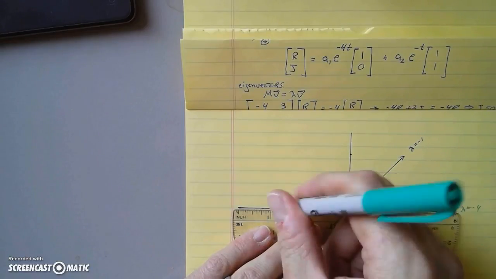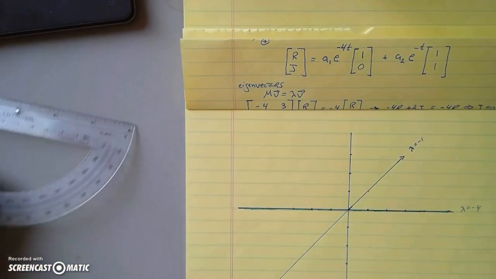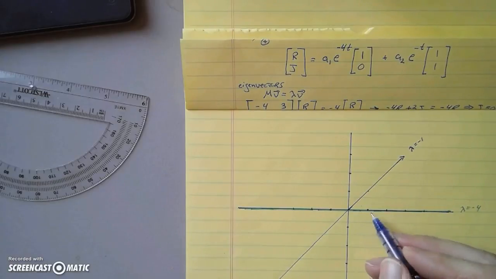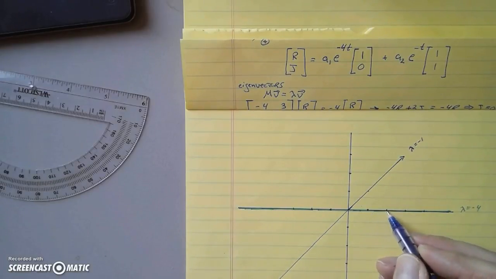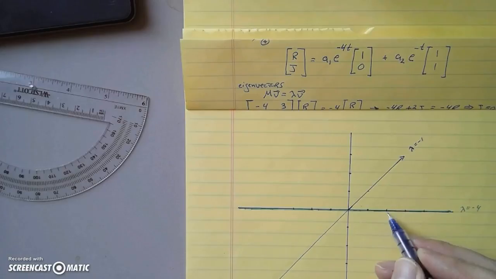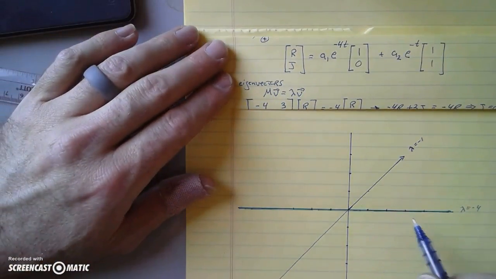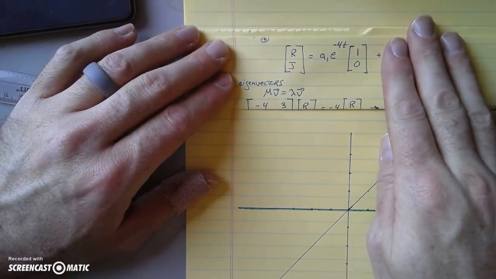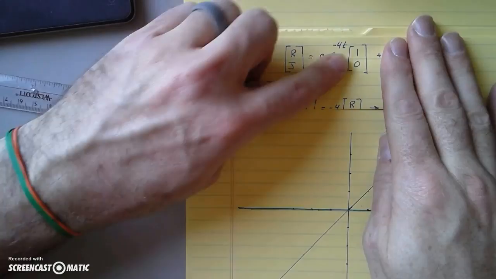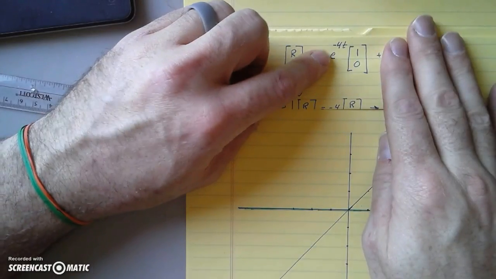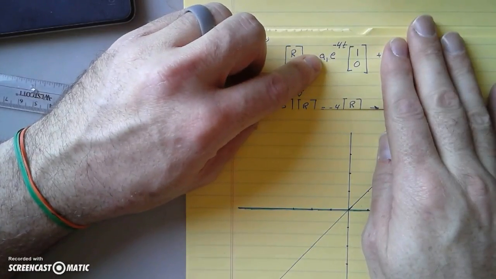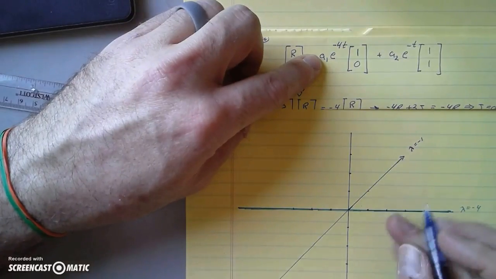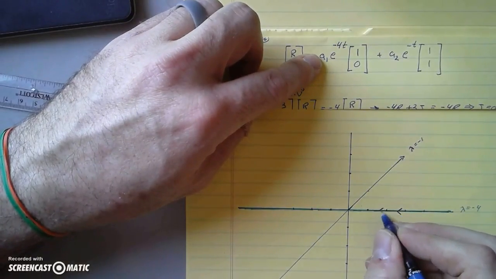So by that, what would happen if we had an initial condition on this line? What would happen if you started here? Well, that would mean that the A2 is 0. Well, if you start on this line, then it's just exponential decay into the center, right? It doesn't matter which side you start on.